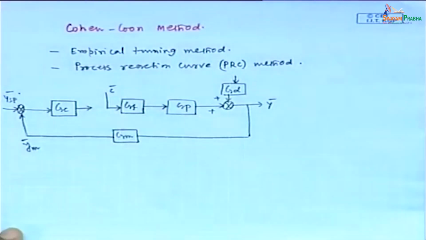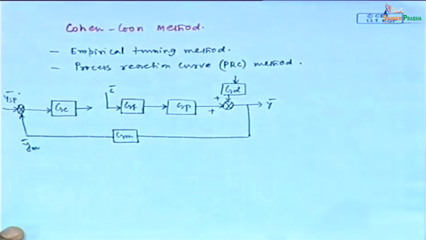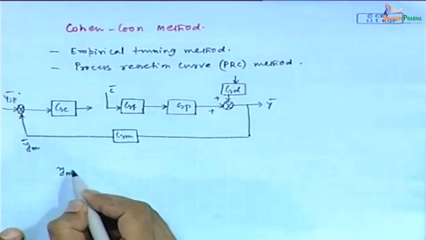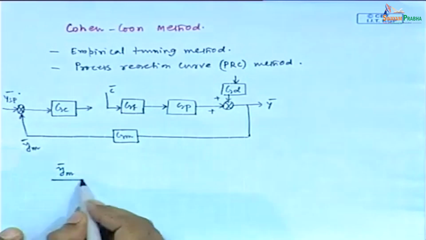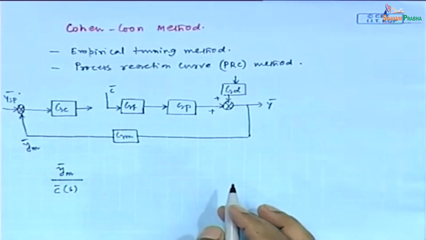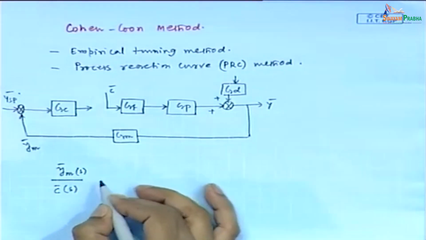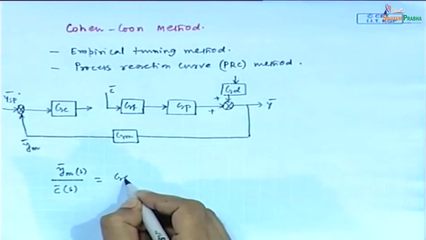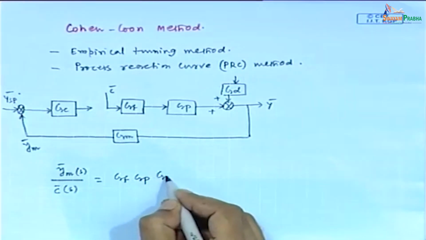Fine. Now, if we disconnect the final control element from the controller, then we can write the output Ym bar divided by input C bar s equals Gf, Gp, Gm.